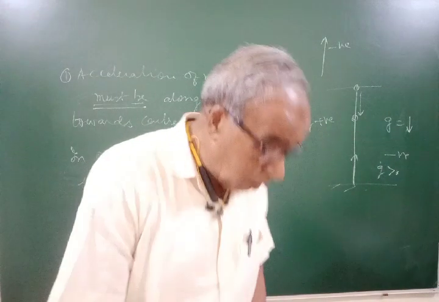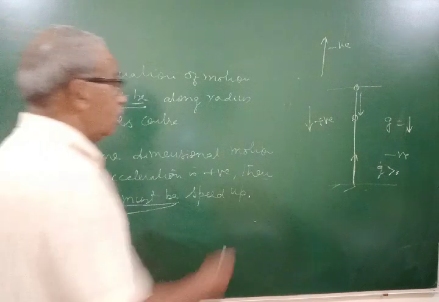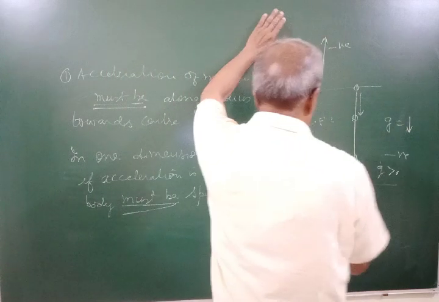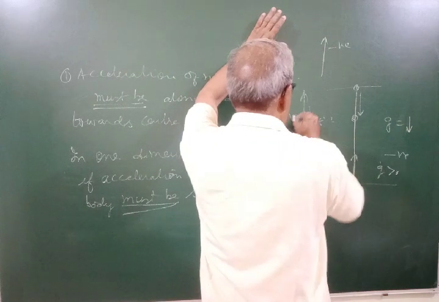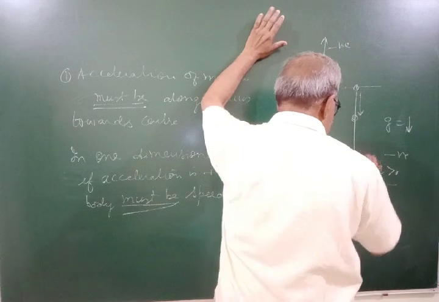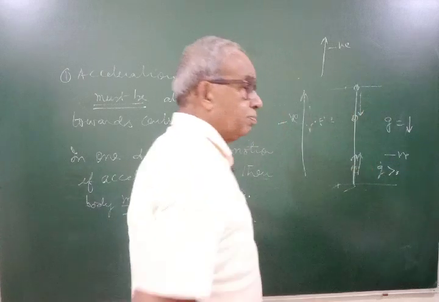So it is not always true that if acceleration is positive, then body must be speeding up. Like I have fixed here upward direction negative, downward positive. And when we throw the ball upward, acceleration will be downward positive, but velocity decreases.